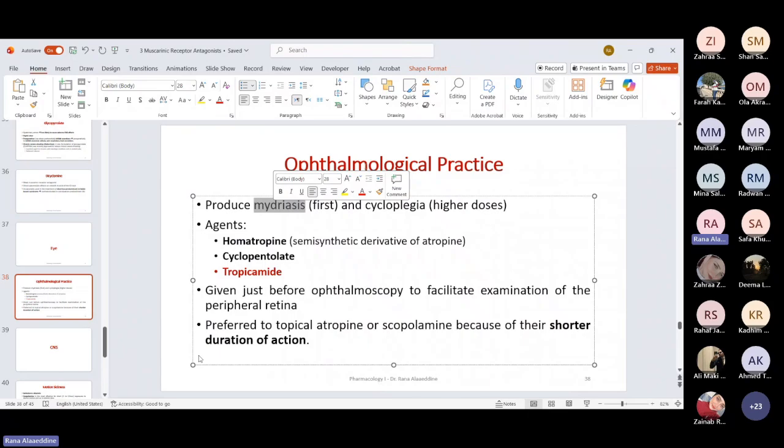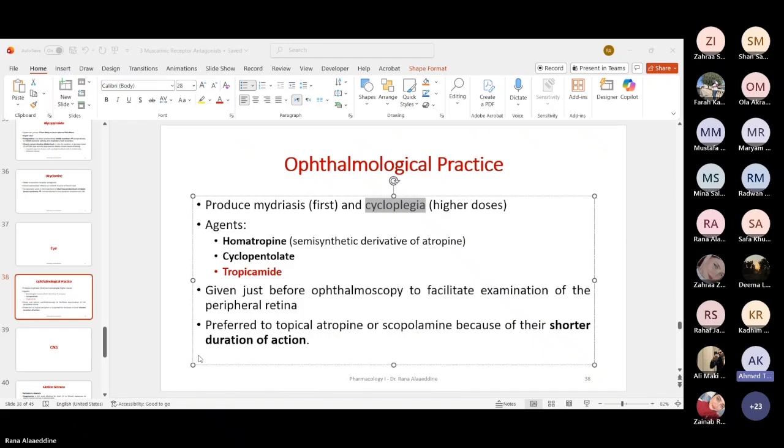These drugs cause mydriasis and cycloplegia. What does cycloplegia mean? Weak near vision. Exactly, the person is not going to be able to see near vision.